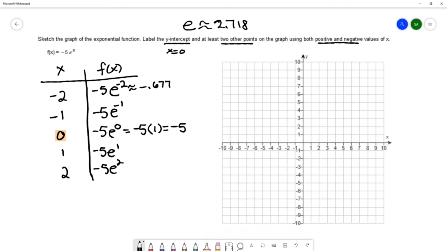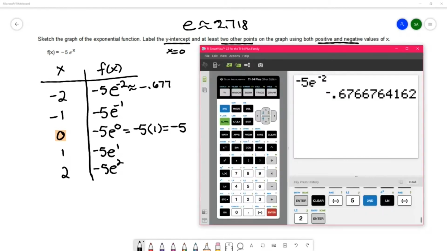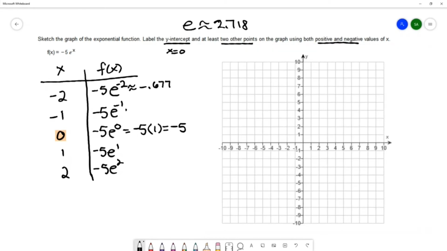Let's find the next one. That's -5 e to the -1, and that is approximately -1.839.